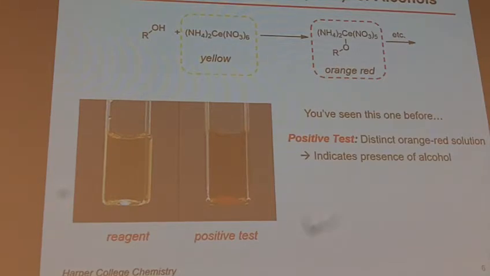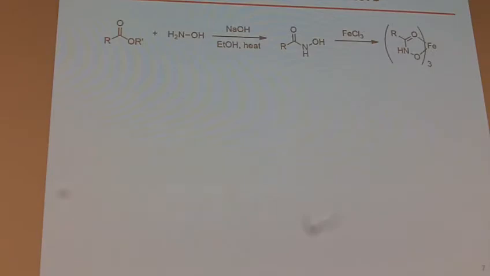If you're not done, then we're going to go on to the hydroxylamine test for esters. And what happens there is there's kind of two pieces to this test. We are first going to take our ester and react it with hydroxylamine to form the hydroxamic acid. But normally that's where we would stop. We form something different, we're done with the test.